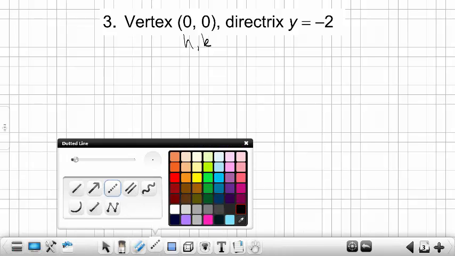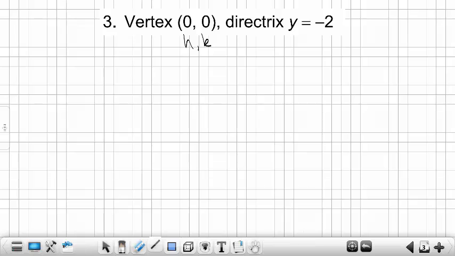Let's graph it anyway just because it doesn't hurt and it helps those of us who are a little more visual. So the vertex is here. There's my vertex. My directrix is y equals -2. That's a horizontal line through -2. I don't need the focus, but if it asks, where would the focus be? Right above.